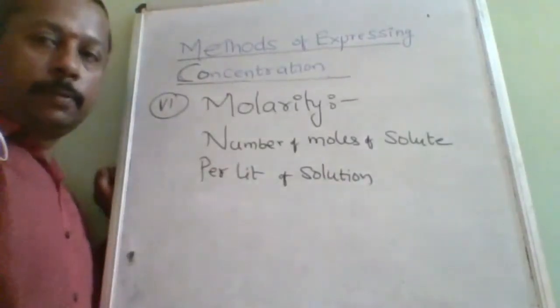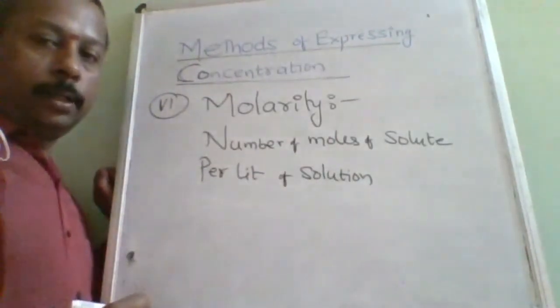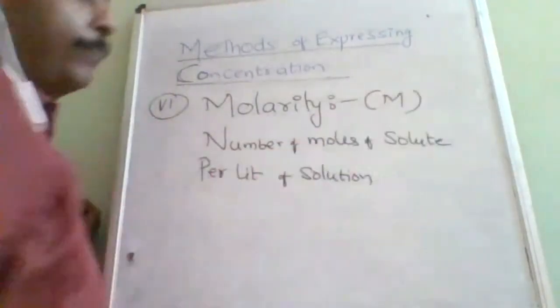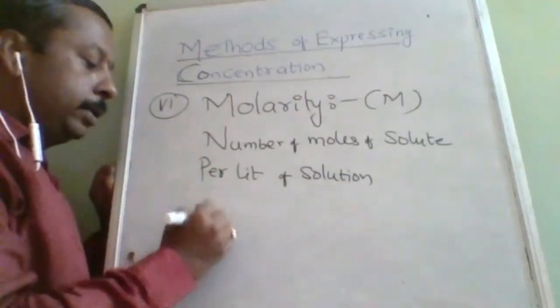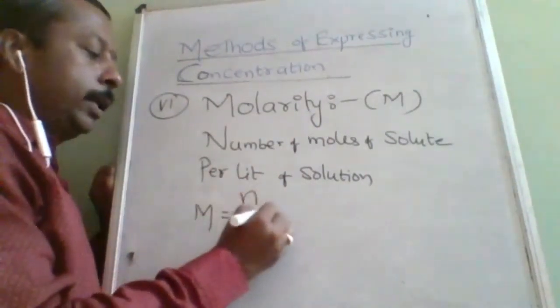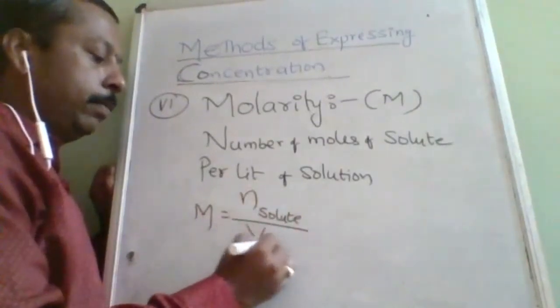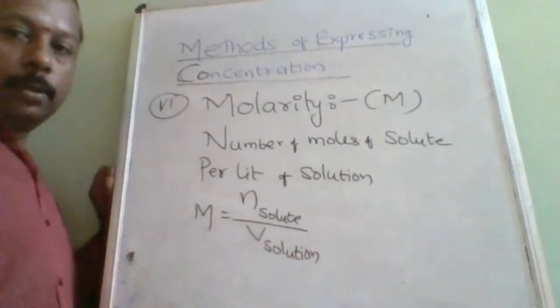Number of moles of solute per liter of solution. This is denoted with capital M, and molarity is equal to n solute, number of moles of solute, divided by V solution, volume of solution.